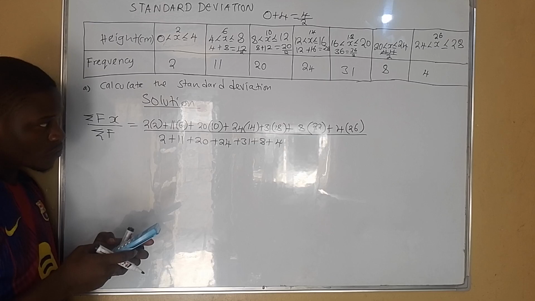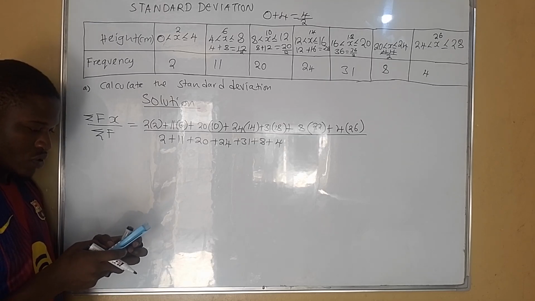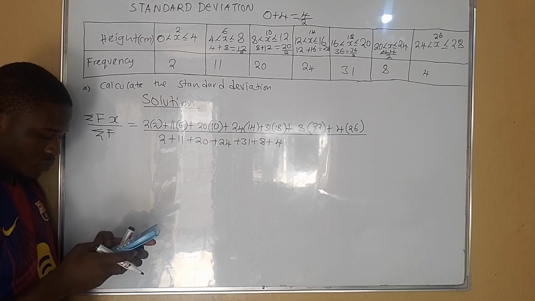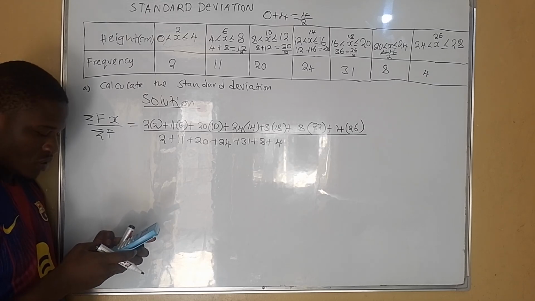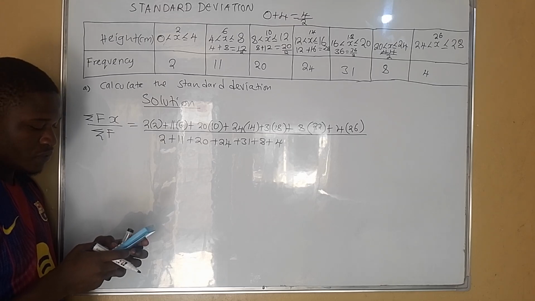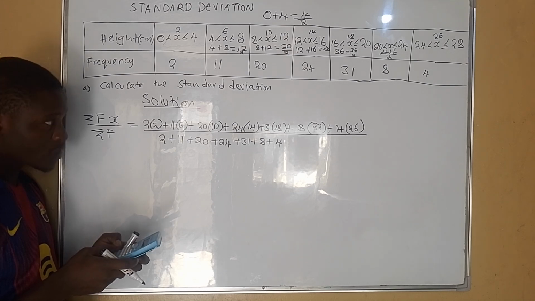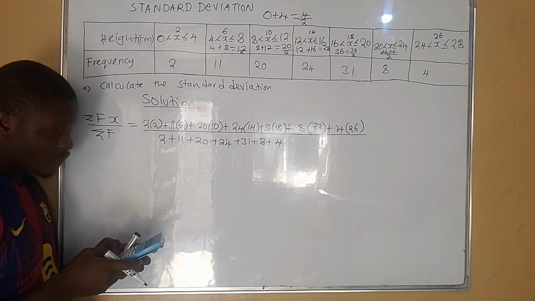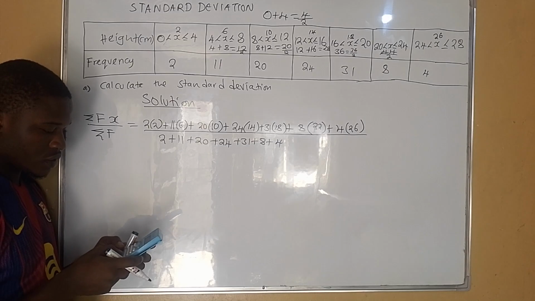From there, so I have plus 31 close plus 8, then multiplied by 22 close plus 4, 26 close.